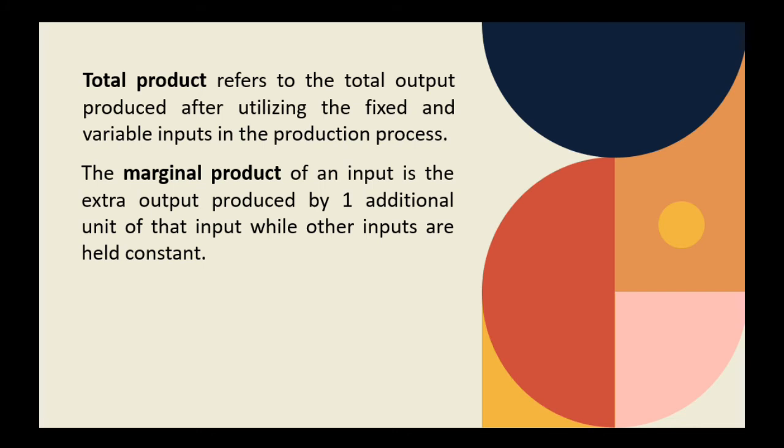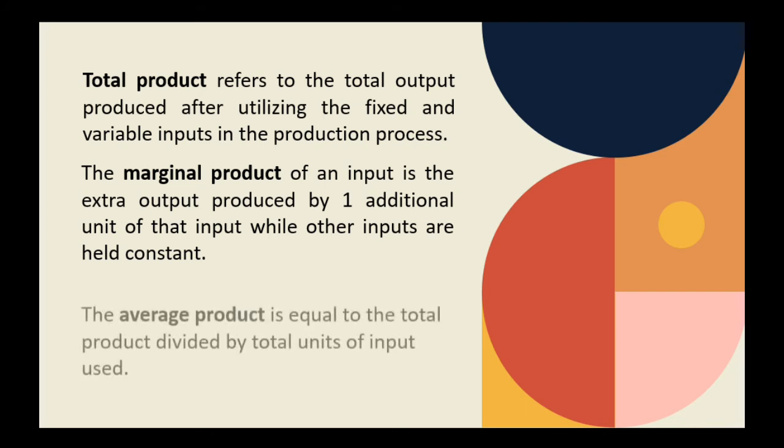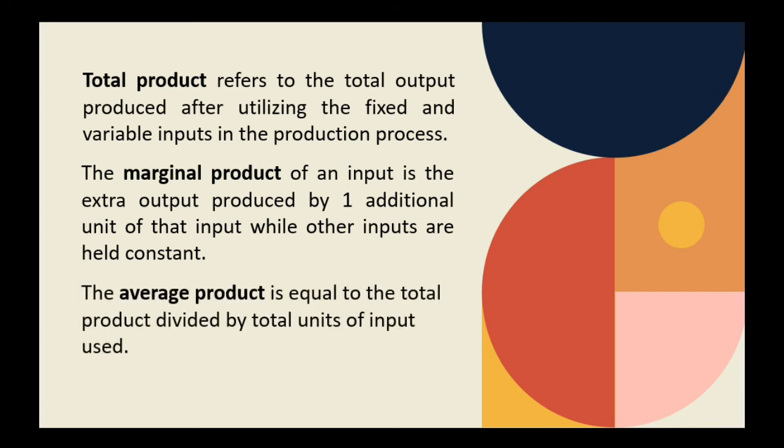For instance, assume that we are holding land, machinery, and all other inputs constant in the production of t-shirts, while the average product is equal to the total product divided by total units of input used. And for the graphical representation of these concepts, another video presentation is prepared to us by Economics Fund to better understand these ideas. Here, let's watch this.